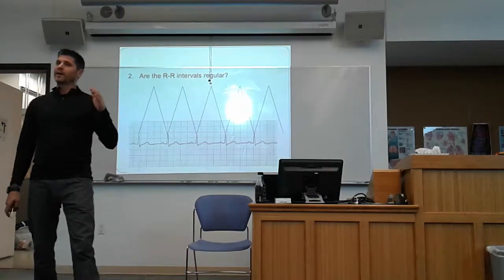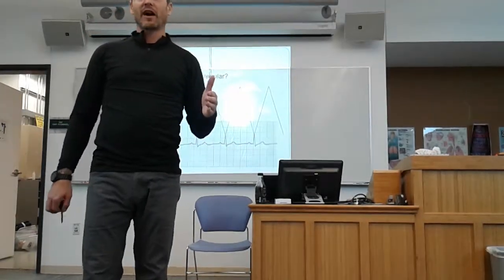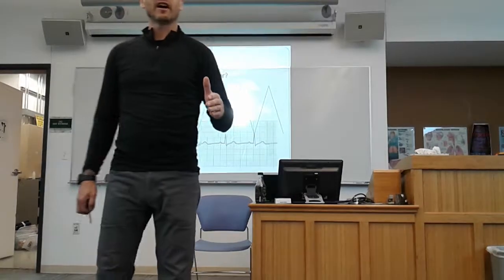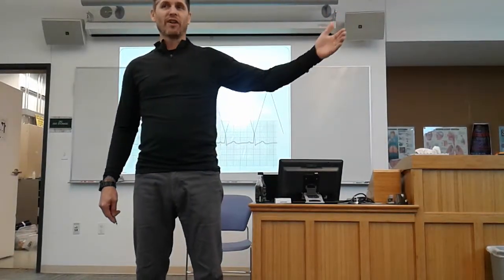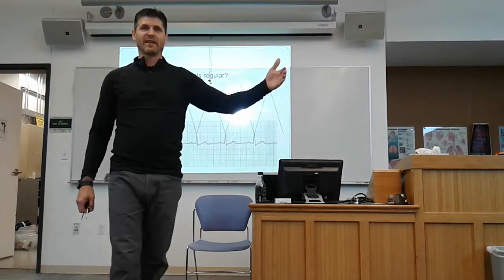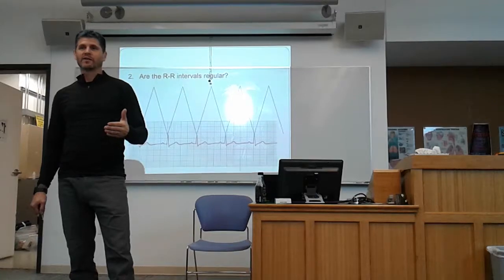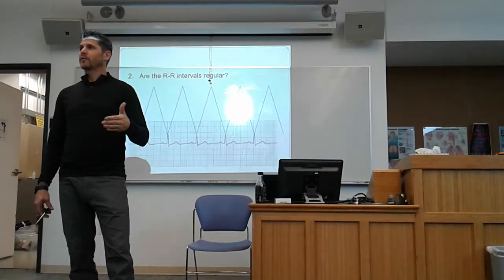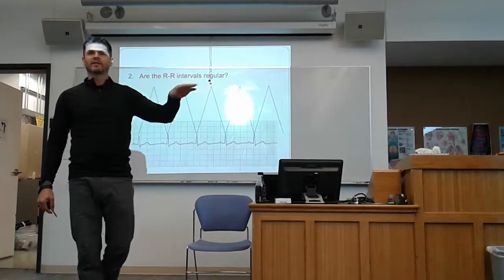Because if my Ts were off, then that means my repolarization is off. And if my repolarization is off, what does that mean about my next depolarization? It'll also be off. Right? Because if my T to Ts are off, then my refractory periods are off from each other. If my refractory periods are off from each other, then the next depolarization will be ill-timed, differently timed.